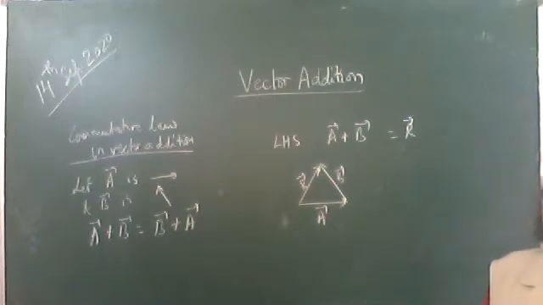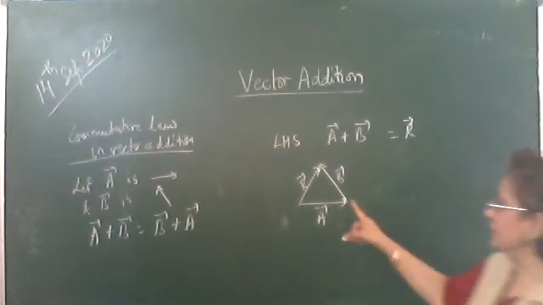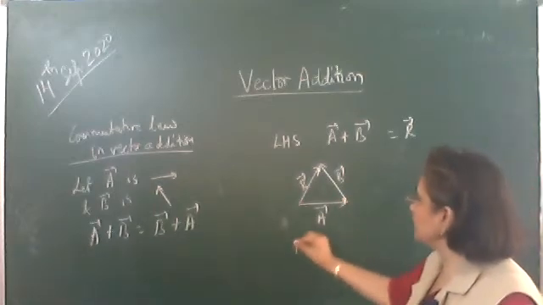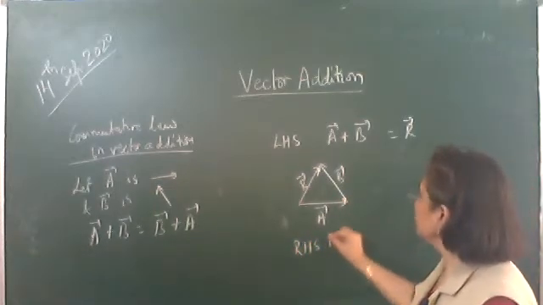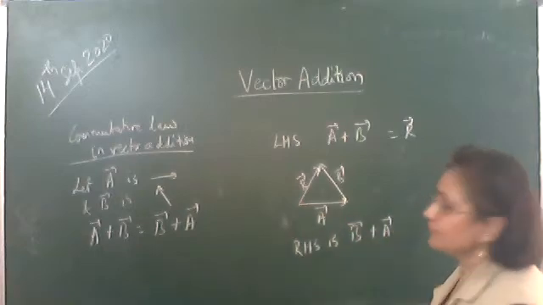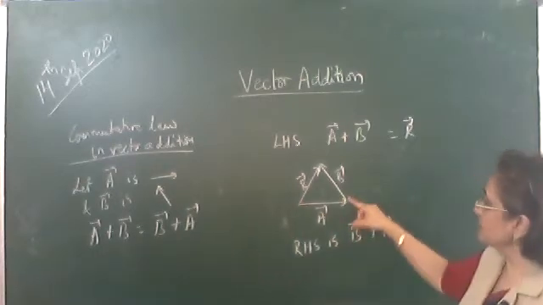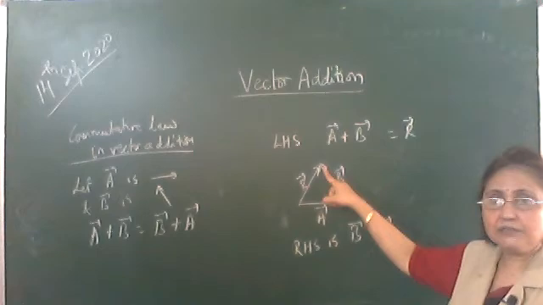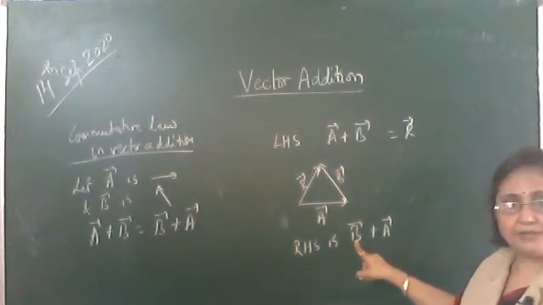Okay, now in the same figure, we'll draw B plus A vector. Now RHS is B plus A vector. That is, first we have to draw the B vector. See here, this is the B vector. Now the first vector is B vector.